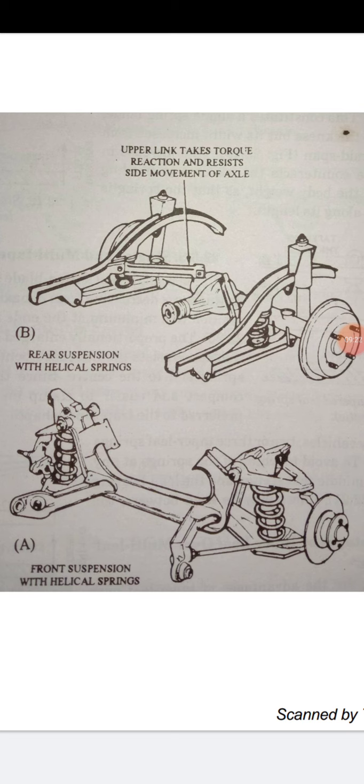In the next class we will discuss the torsion bar also. The tie rod uses a rubber bush at both ends for bolting to the axle and the body.